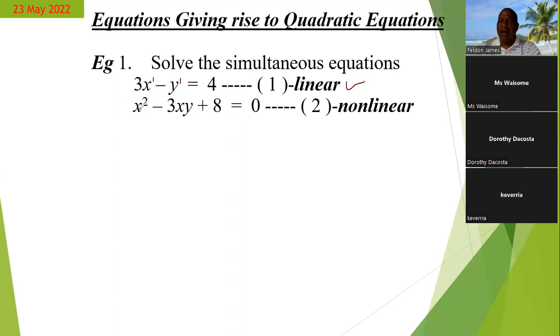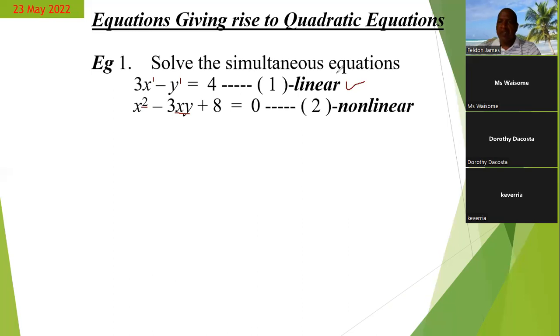But if you look at the power and you have a square, then that is nonlinear. If you see the product of the two variables, that is also nonlinear. So these are the things that tell you when you have a nonlinear. If you have a linear and a nonlinear, you cannot use the elimination method to solve this. So you have to use the substitution method.